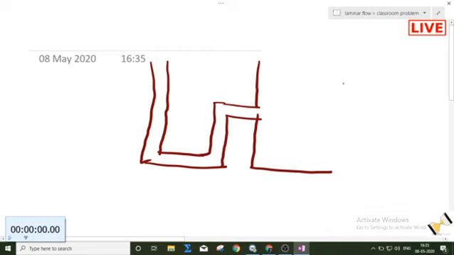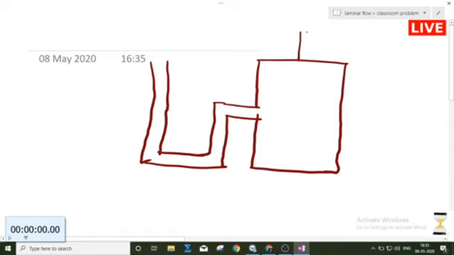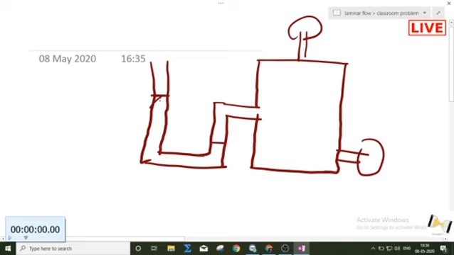So here some pressure measuring device is connected. Suppose the level of the mercury is given like this.